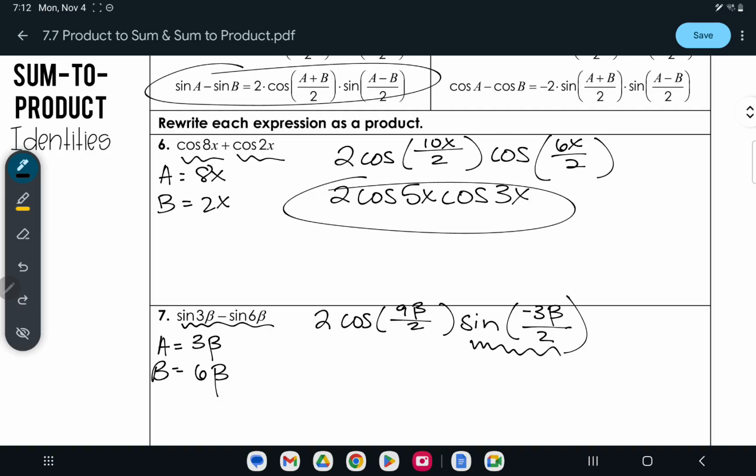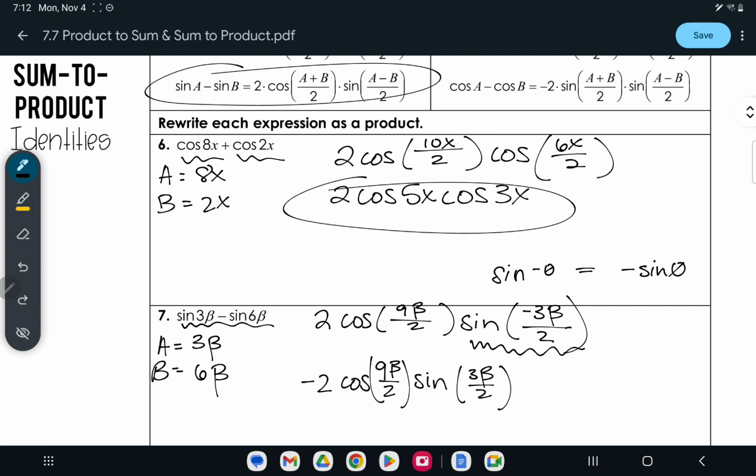Now here, when we have sine of a negative theta, that's the same thing as negative sine theta. So I'm going to take a negative out here. I'm just going to put it at the beginning. So negative 2 cosine of 9 beta over 2 times sine of 3 beta over 2. And we can leave it just like that. Now, in this first one, I didn't put parentheses around it. You can, or you don't have to.